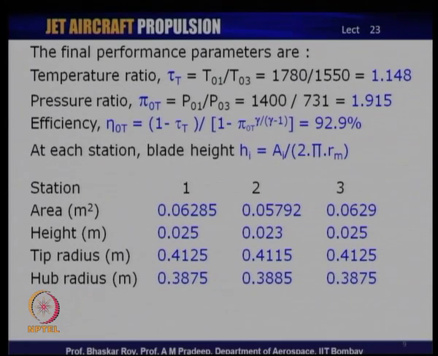It depends on the turbine design, and as I just mentioned, the pressure ratio of 1.915 is a modest pressure ratio. Many of the modern turbines could indeed have pressure ratios quite higher than this, and if they do, then all the values that you see here in terms of area, height and the tip radius and so on would indeed change from station 1 to 2 to 3.